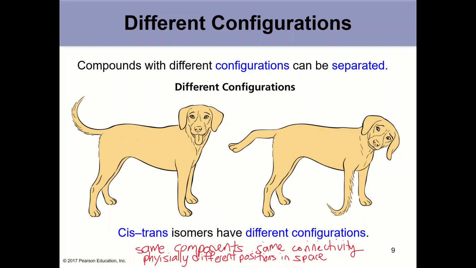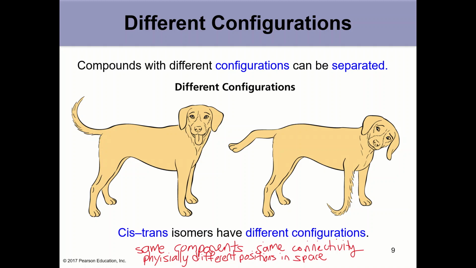And then we have compounds with different configurations that can be separated. These are the compounds that we said were cis-trans isomers, or have what we call asymmetric centers. So beginning with cis-trans isomers and their different arrangements in space, this is because there's no rotation, there's no additional movement, and so it's locked in that position.